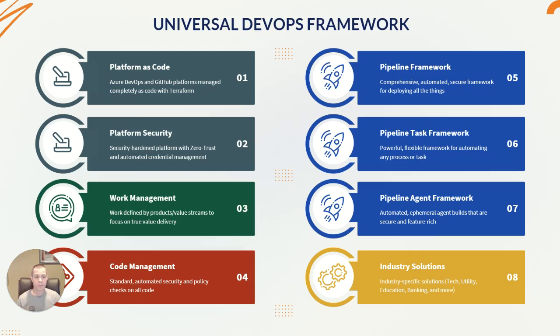A lot of times when we see how organizations set up their agent framework, we see pipeline agents running as credentialed and elevated service accounts, which you don't want to do. Sometimes we see multiple static agents, which is also a security concern, as you can then have cross-agent poisoning, where if I can plant something on an agent, then when other pipelines run, I can take advantage of what's on there.